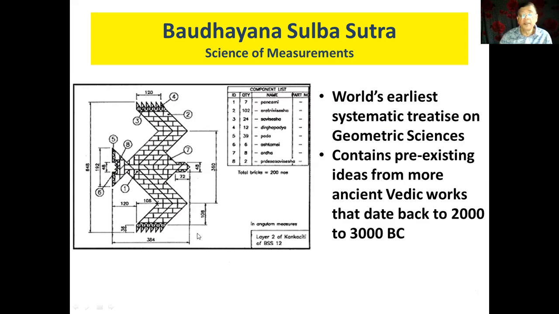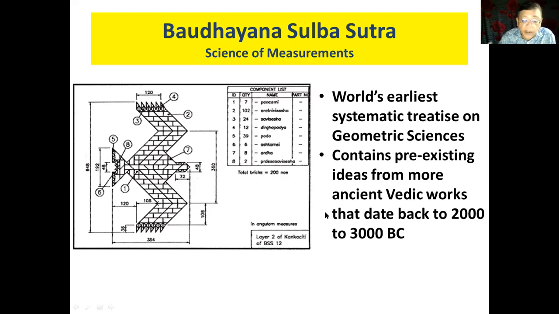And this was used. So this is called Sulba Sutra from Bodhayan, Science of Measurement. This was the earliest systematic treatise on geometric sciences. It contains pre-existing ideas from more ancient Vedic works that date back to 2000 to 3000 BC.